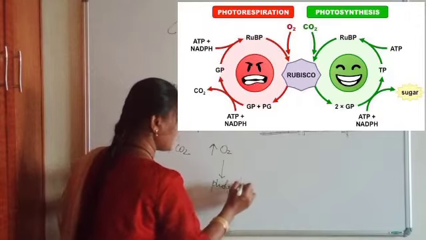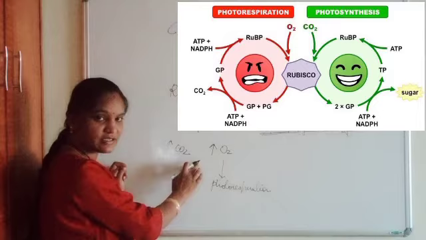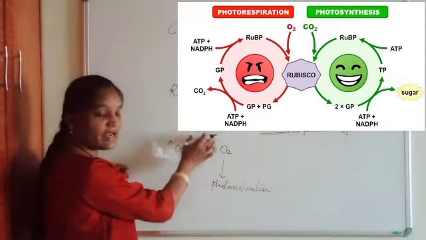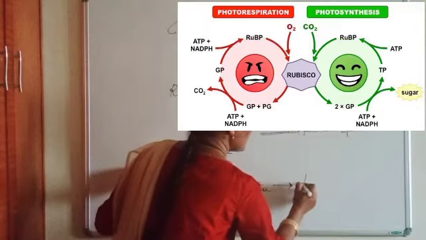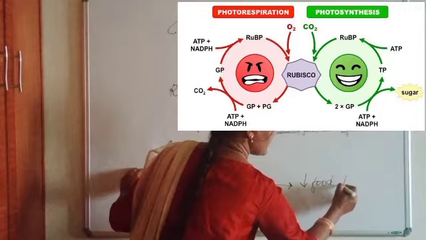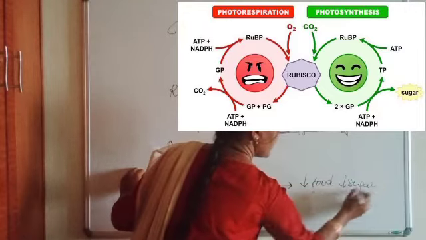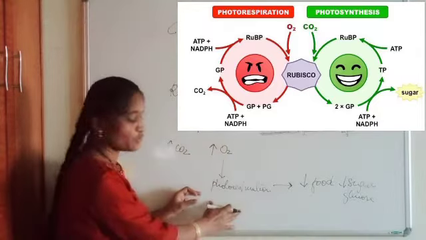If more oxygen is present, then C3 plants undergo photorespiration, which decreases food for the plants, that is, it decreases sugar and glucose production.